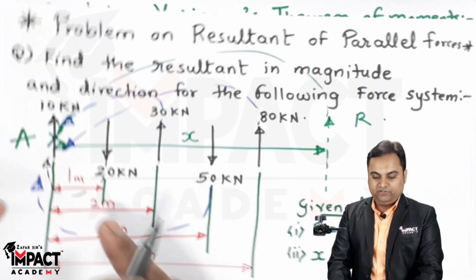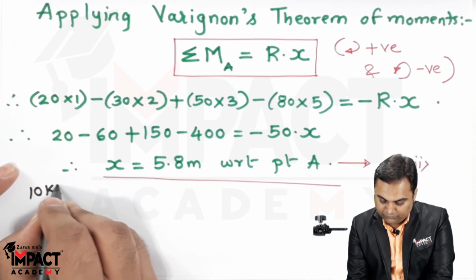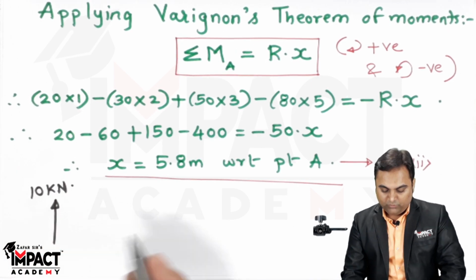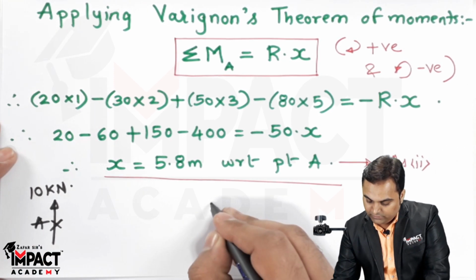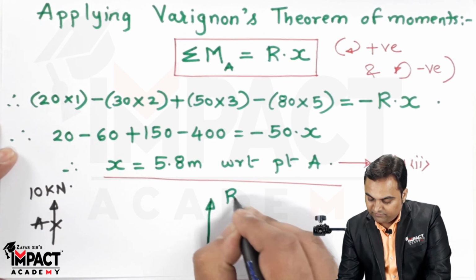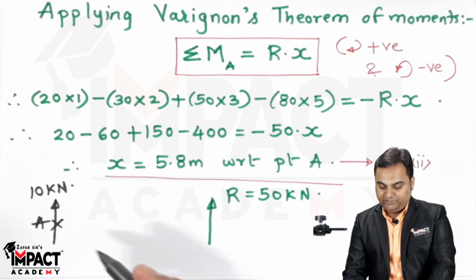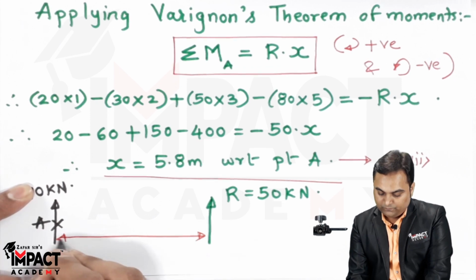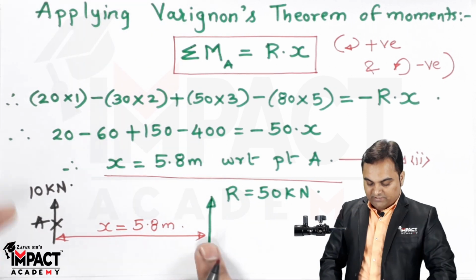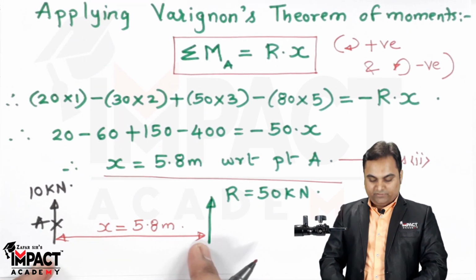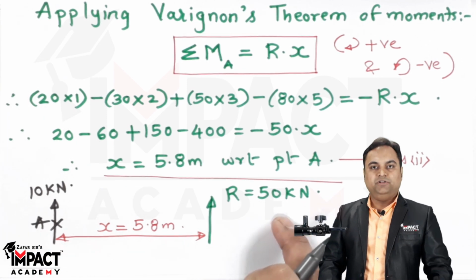Taking reference from the first force, which is 10 kilonewton and upward, with respect to it, having point A, there is a force acting in an upward direction having the value of 50 kilonewton, located at a distance of 5.8 meter from point A. So all those 5 forces would be replaced by a single force called the resultant, acting at 5.8 meter from point A, and this single force would have the same effect as the combination of the other forces.